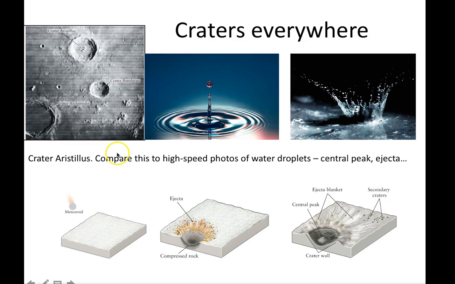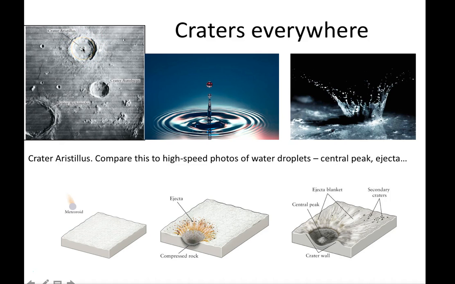When we look at the Moon, we see craters everywhere, and we see all sorts of different characteristics of craters. As exemplified by this middle picture, we can see regions where the center region is higher than the surrounding portion.